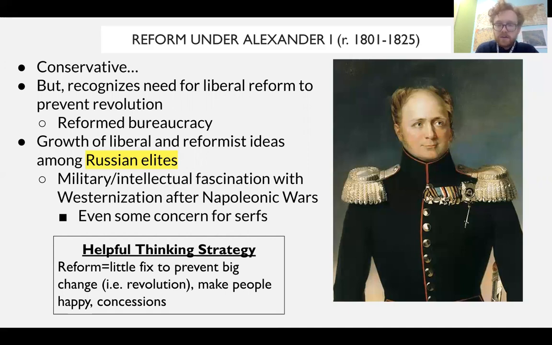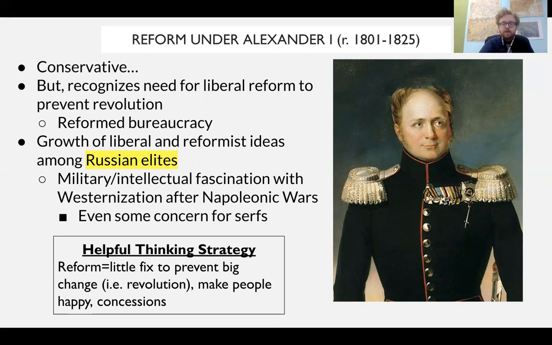So under Alexander I, we are going to see some reforms. Alexander is a conservative. He doesn't want the French Revolution to expand into Russia. That's scary to him. But he is going to recognize that we do need to change Russia in order to stay competitive to prevent future invasions.